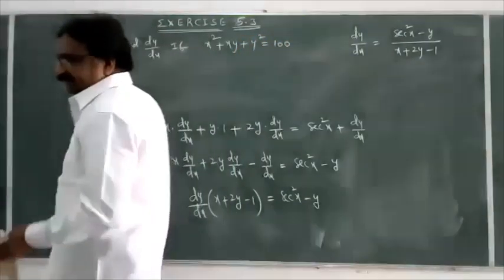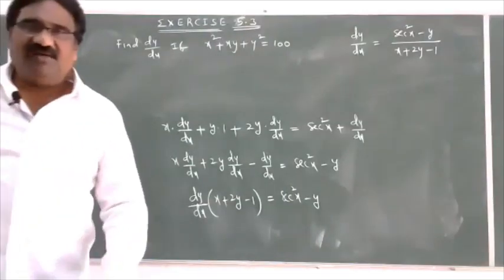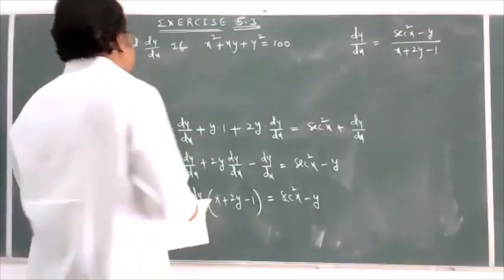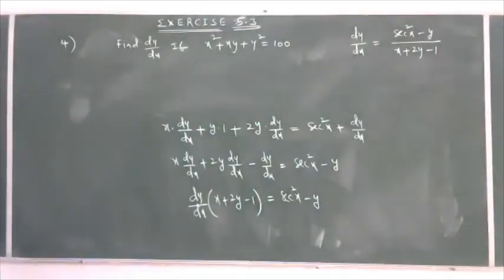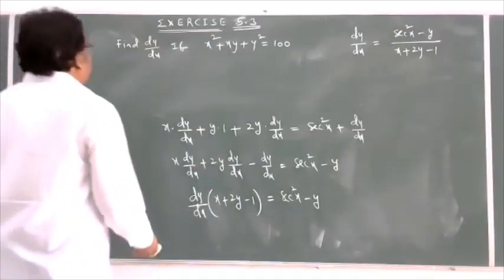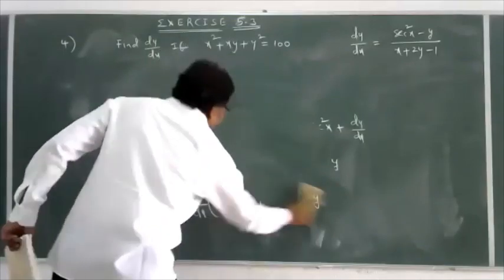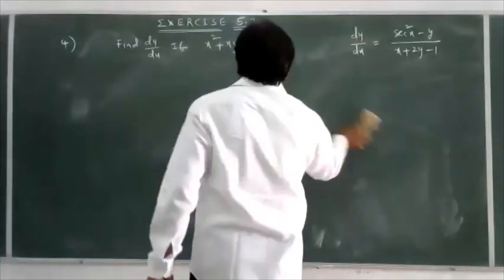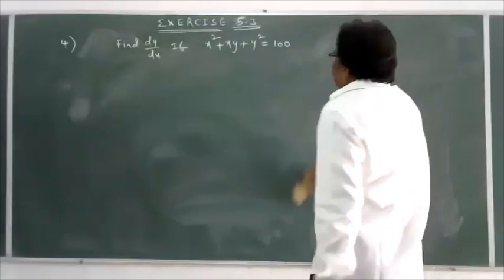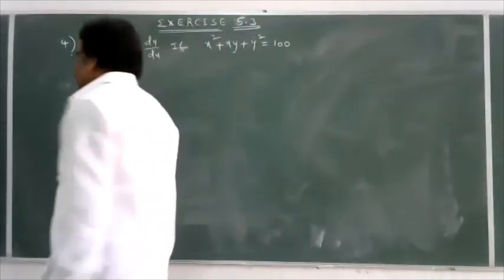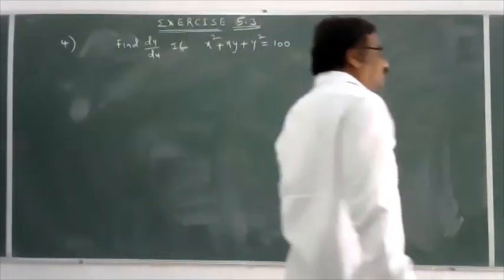Important model. Many number of times it is given for 2 marks questions. Find dy by dx if x square plus xy plus y square is equal to 100. Simple.